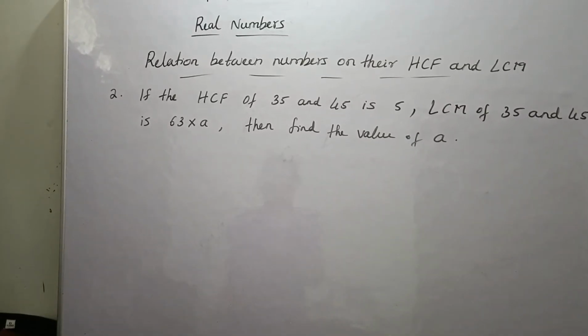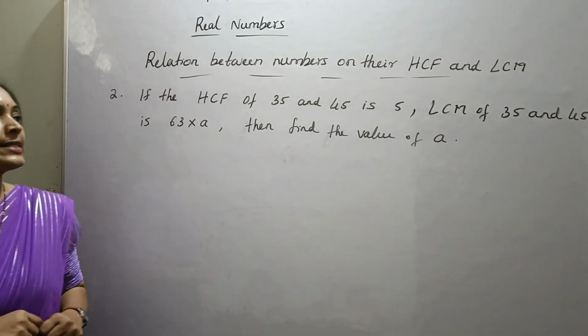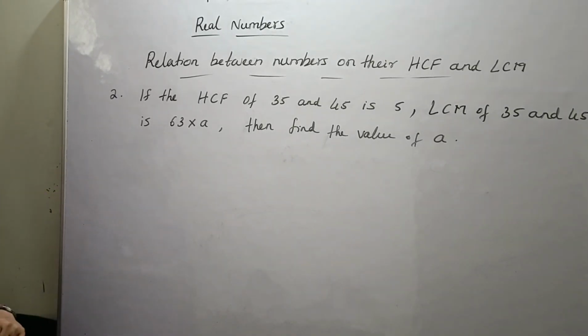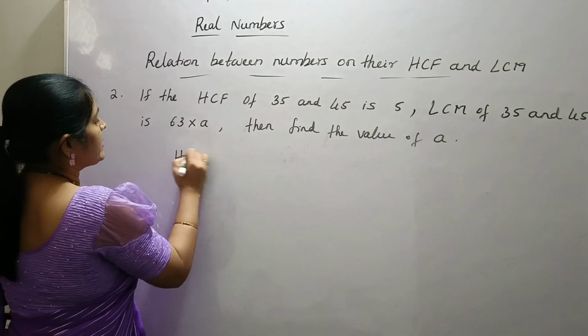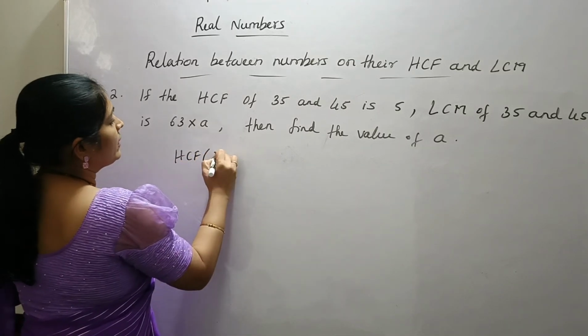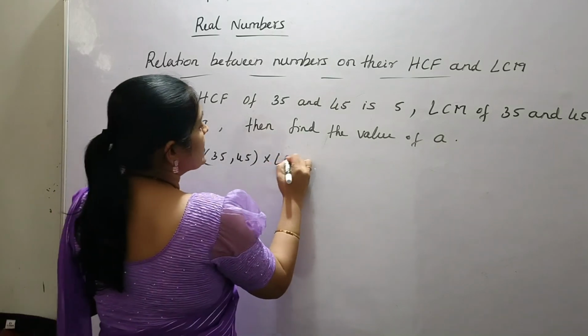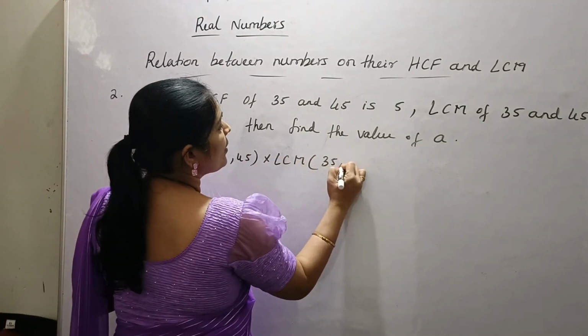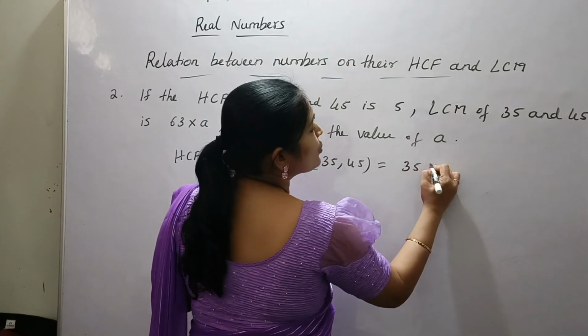Look at the next question. If the HCF of 35 and 45 is 5, and the LCM of 35 and 45 is 63 into a, then find the value of a. Our equation is HCF of 35 and 45 into LCM of 35 and 45 is equal to 35 into 45.